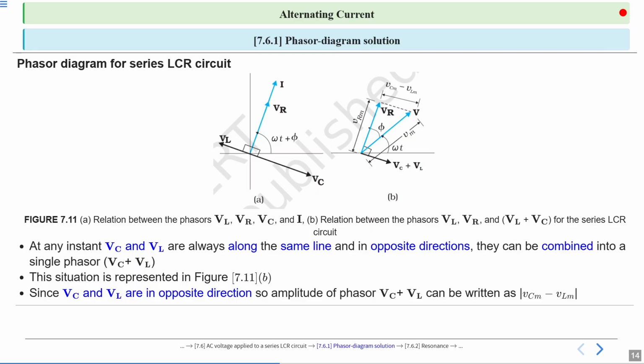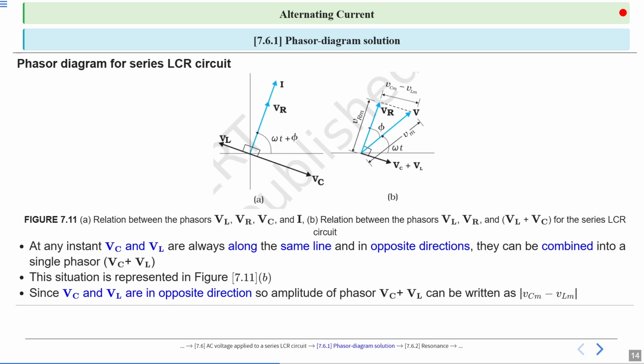But in actuality, this VL is in the negative direction, because VL is represented exactly opposite to VC, as you can see in diagram A. So if we want to subtract it from VC and represent it as one vector, this VL will be negative. But this is the vector representation, where we have combined VC plus VL.